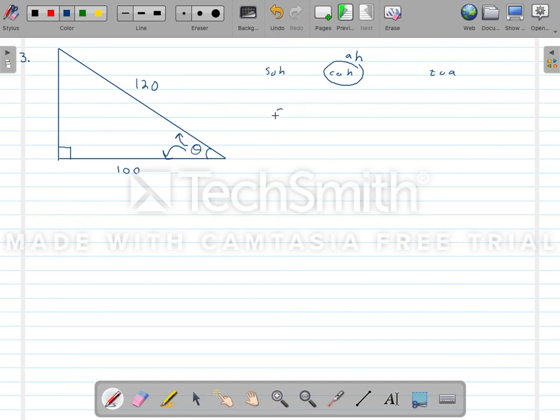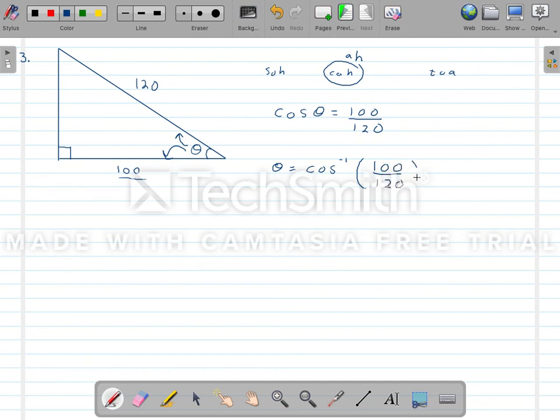So our cos of theta is going to equal our adjacent, which is 100, over 120. Solving for theta, theta will equal the cos inverse of 100 over 120.